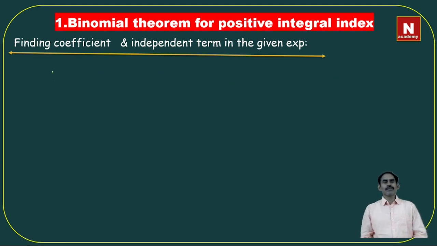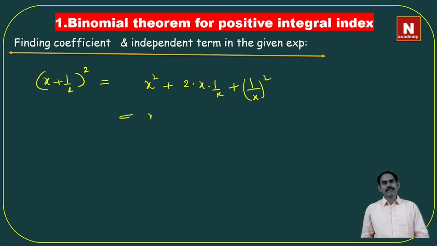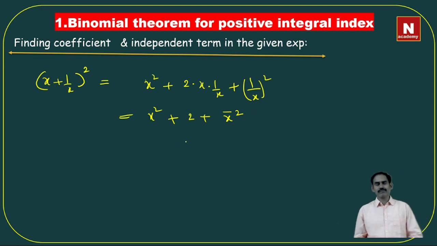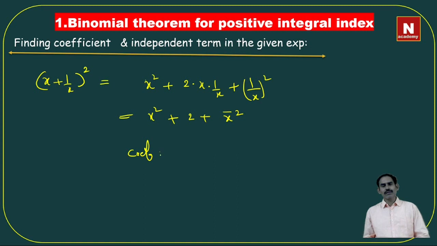Another example, for example, (x plus 1 by x) whole square. With the help of (a plus b) whole square, a square plus 2ab plus b square, that means x square plus 2 plus 1 by x square, which can be written as x power minus 2. Now, if they ask, for example, the coefficient of x square, the coefficient of x square is 1.